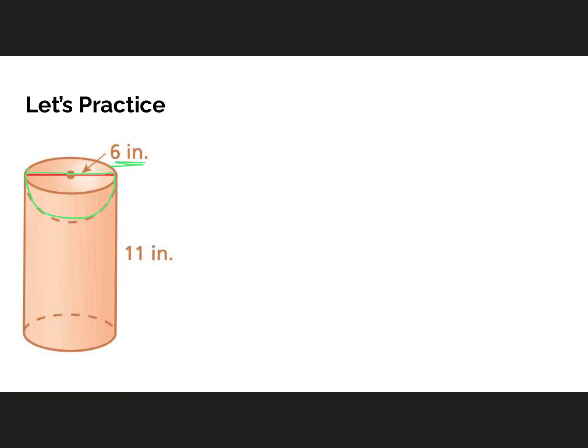So first, let's find the volume of our cylinder. And you notice you're using all these different formulas, right? So cylinder was just pi radius squared times the height. So we need to look at our radius is not 6, it is 3. So pi times 3 squared times 11.